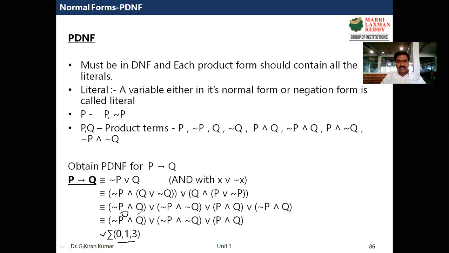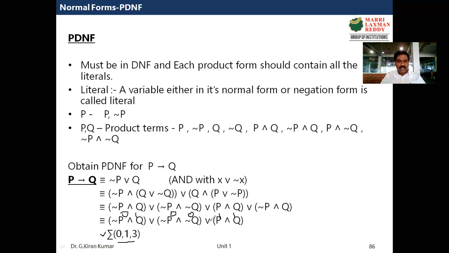And Q is without negation, therefore we take as 1. Similarly, here negation of P means what? It is with negation, therefore this is 0. And Q also with the negation, therefore this is also 0. Okay, now here P without negation, therefore take 1. And Q also without negation, take 1. So if the literal is without negation, then it is 1. If the literal is with negation, that is 0.